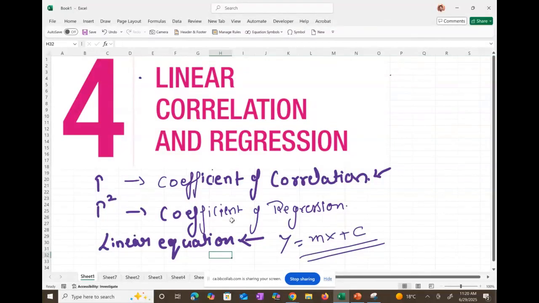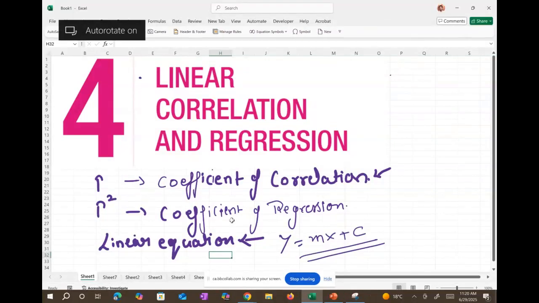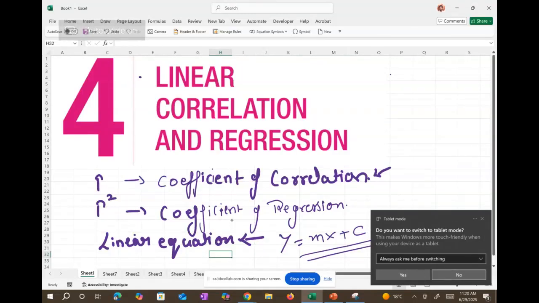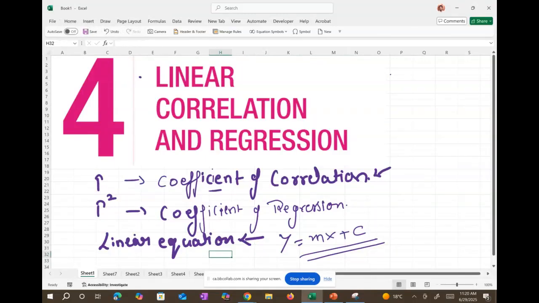Before I jump into talking about how you're going to find this value, first of all, we will talk about what the coefficient of correlation represents. This chapter is mainly about graphing. When we talk about graphing, there are two things in a graph. One is the x-axis, another is the y-axis, and then we try to draw a graph between these two axes.